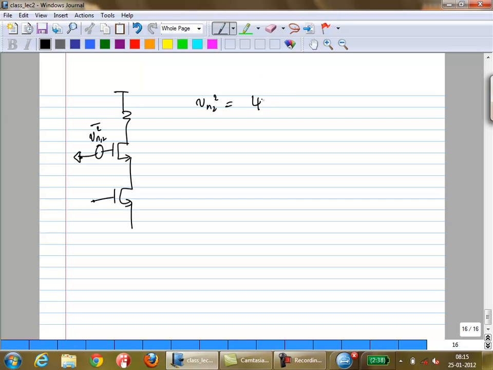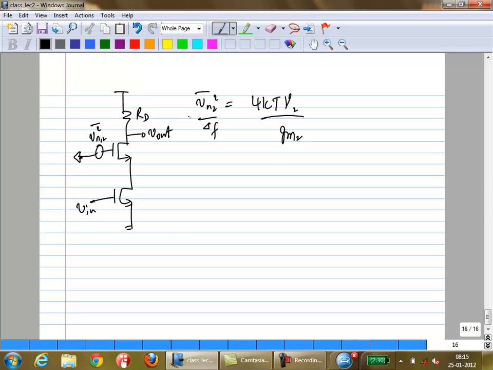What is the gain from here to the output? GM into?